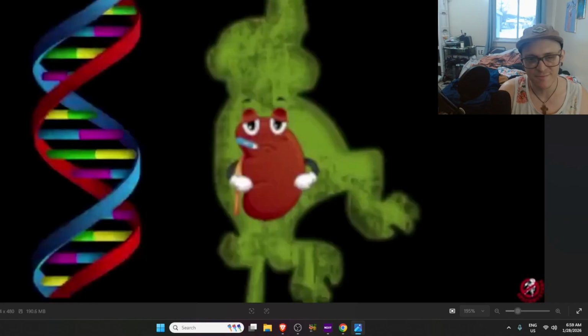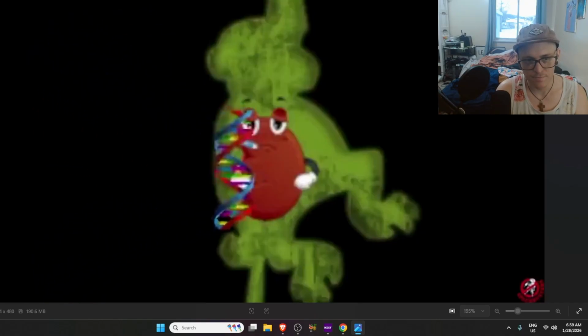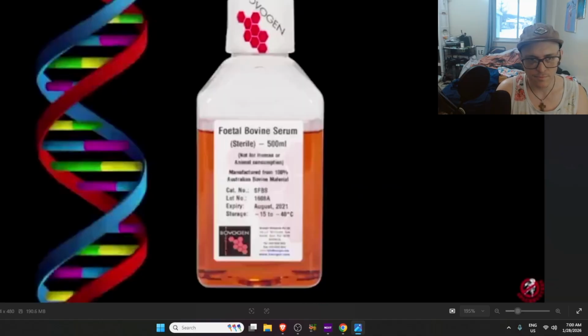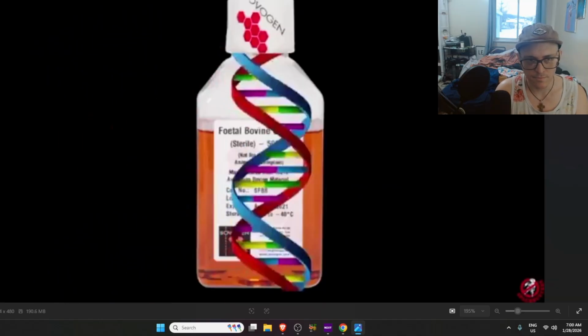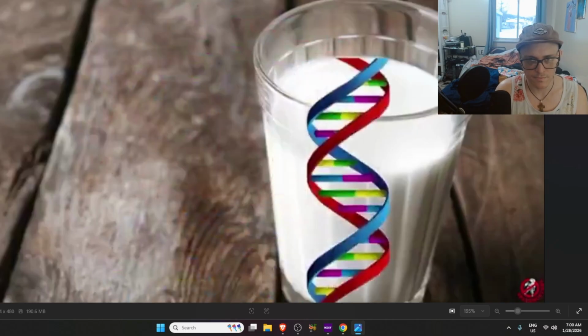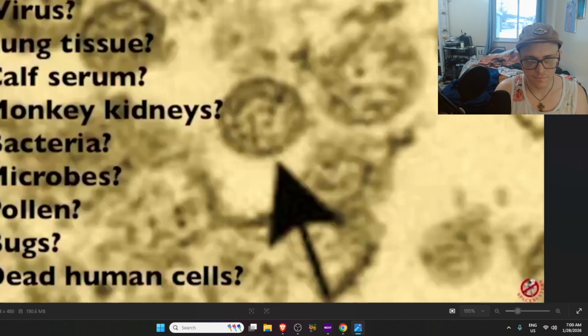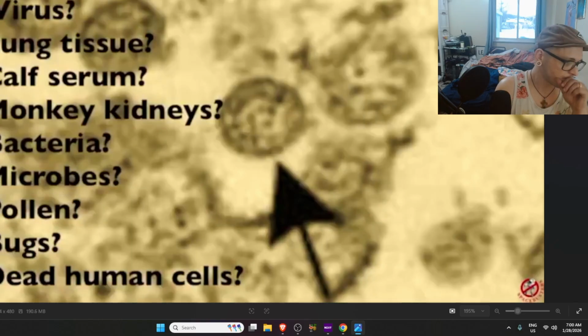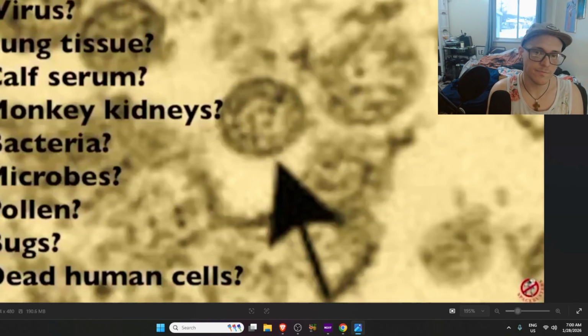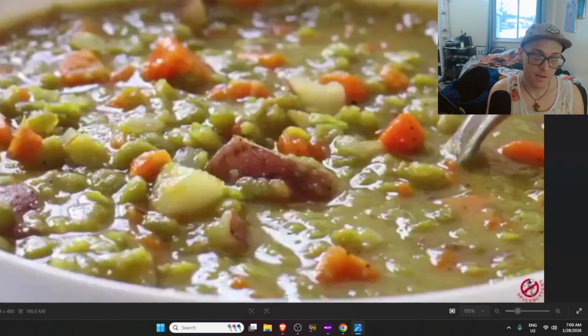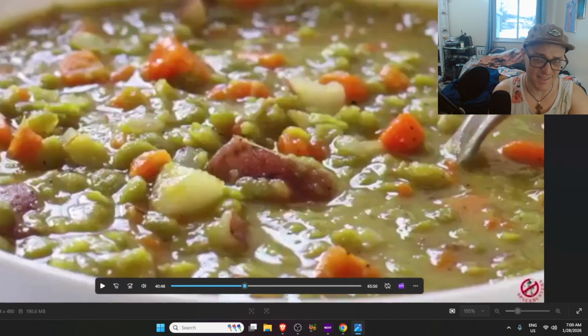Then the monkey kidney tissue itself has its own genetic material, as does the bovine calf serum, as does the milk, so there is no way to tell what genetic material came from what in the petri dish, or what you're even looking at under the electron microscope. It's just a giant soup mix of all sorts. I wouldn't even call it a soup mix. It's more like the scrap bin, like those bellies for putting food scraps in to get the methane from it.